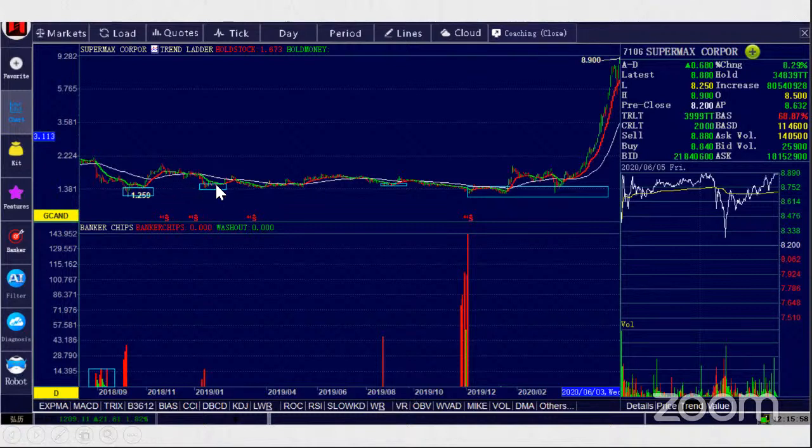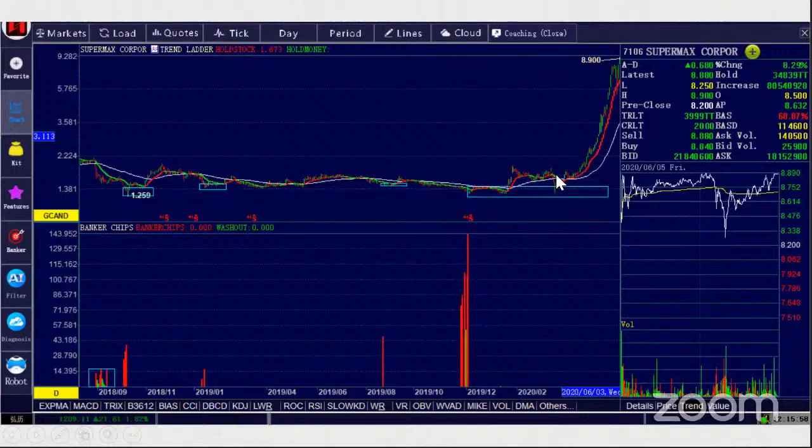And sometimes the rebound can be a small one. When banker chips appear, the rebound is a small one, right? You see, this one is a very small rebound this time. But how do we know whether the chances are bigger or smaller? You still need to combine with the trend indicator.